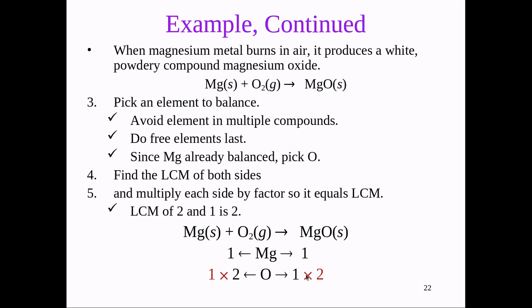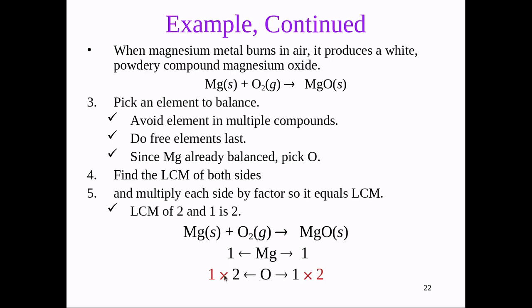I can multiply 1 by 2 to get 2 over here, and I can multiply 1 by 2 to get 2 over there. It's the smallest number that I can multiply these two by in order to multiply some number times these two subscripts in order to get them to be the same.